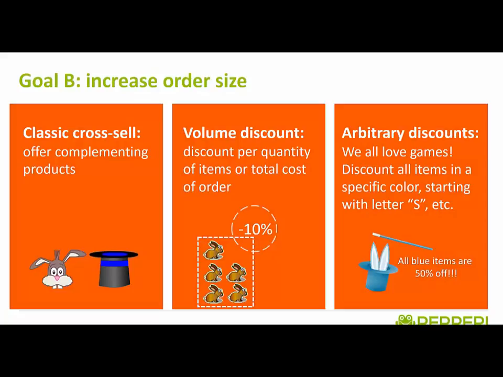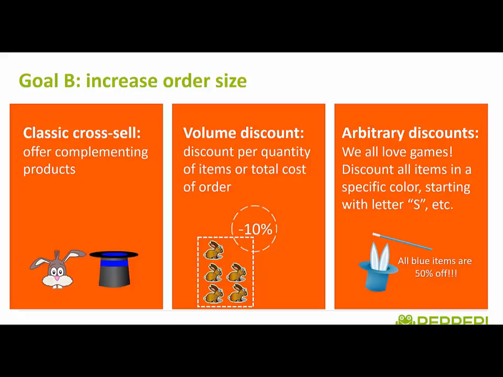Keeping that in mind, we can look at ways to increase order size. Of course, there's the classic cross-sell, offering complementing products. Volume discount is a common promotion that we see all the time: a discount per quantity of items or per total cost of order. And my favorite is games.